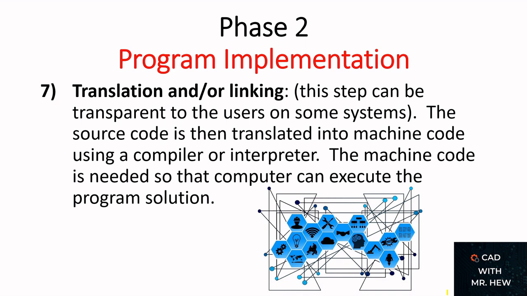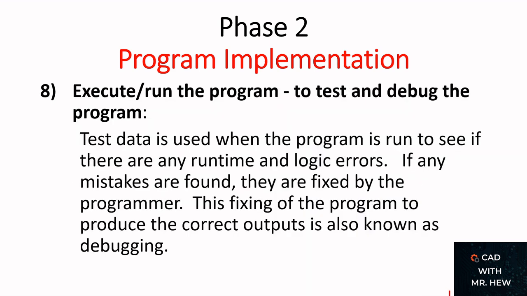This step can be transparent to some users on some computer systems. The source code in this step is then translated into machine code using a compiler or interpreter. The machine code is needed so that the computer can execute the program solution.